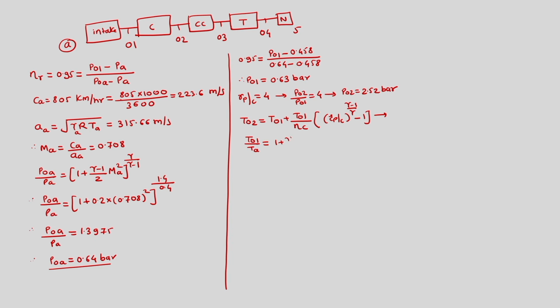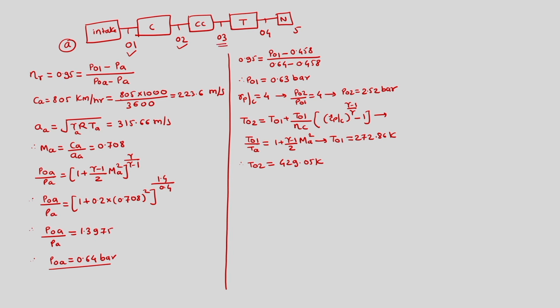We can know it as 1 plus gamma minus 1 by 2 Ma square, and so this gives us T naught 1 as 272.86 Kelvin. Putting all the numbers here, we get T naught 2 equal to 429.05 Kelvin. Now we have calculated this and we have calculated this.